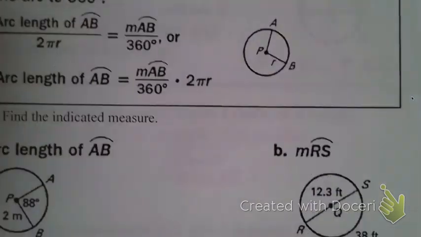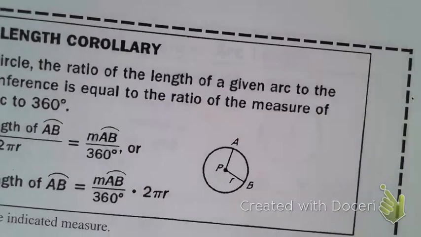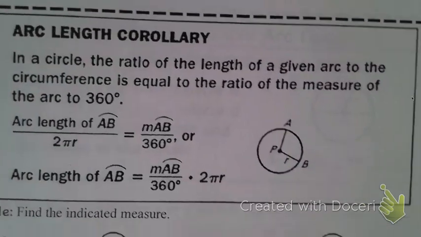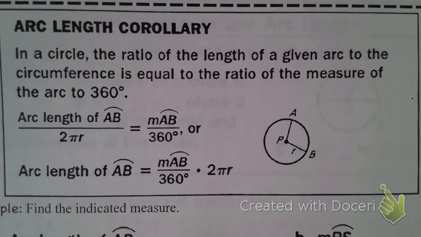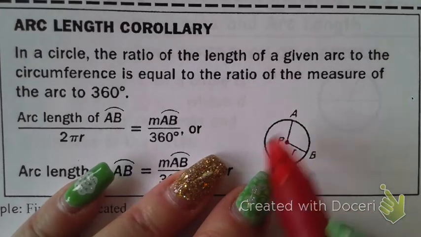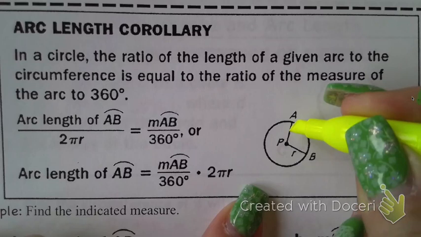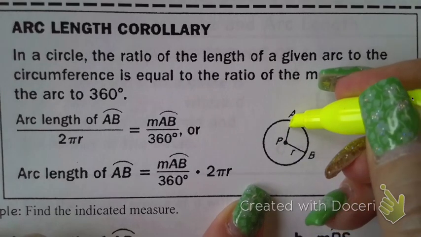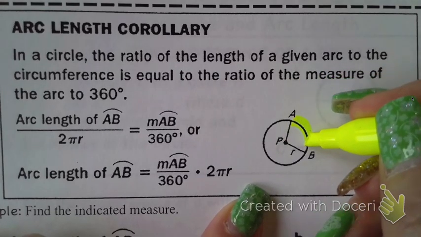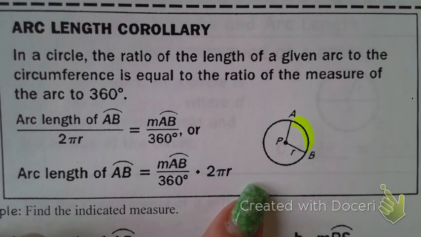Okay, so the next thing we're doing is, now we did circumference, yes? Yes. Now we're going to do arc length. Now I want everyone to look at this picture right here. Arc length is any portion. So this yellow would be a fraction of the circumference of that circle, correct?